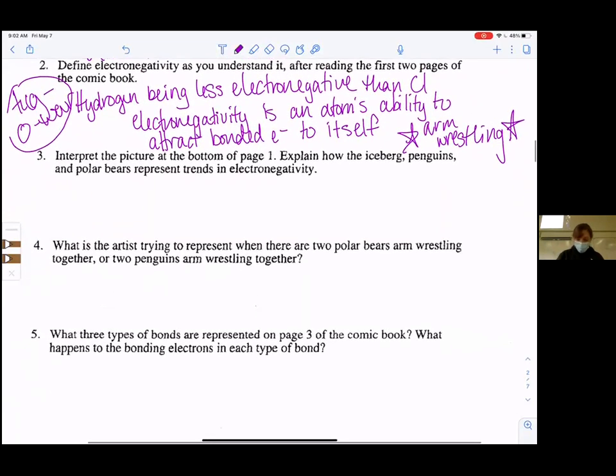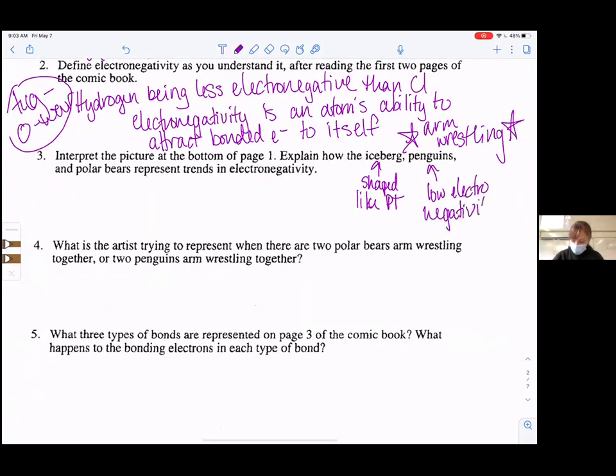All right. So the iceberg is shaped like the periodic table. And the penguins represent the low electronegativity. And the polar bears represent the high electronegativity.